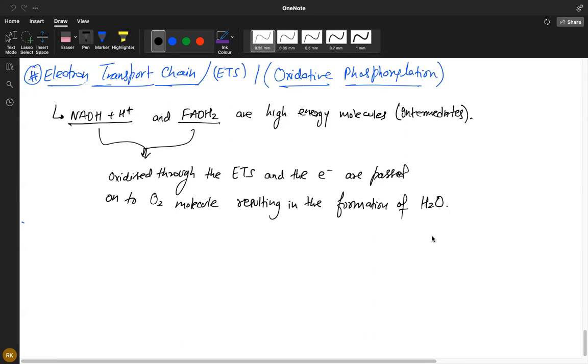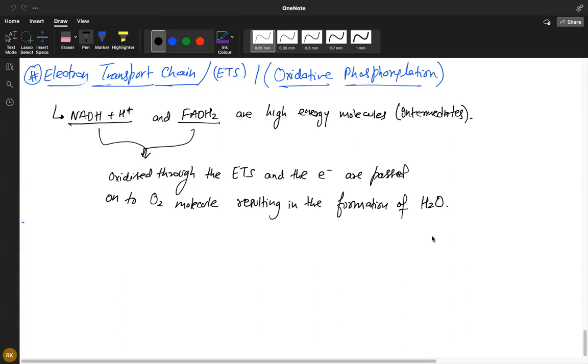Because in the next step, in the inner membrane of the mitochondria, where the electron transport chain happens, these high energy molecules can be oxidized and their energy used to make ATP, and their electrons passed on to oxygen to make water. Make sense? Thumbs up if that is clear. Perfect. So now you know the plan of an aerobic cell.